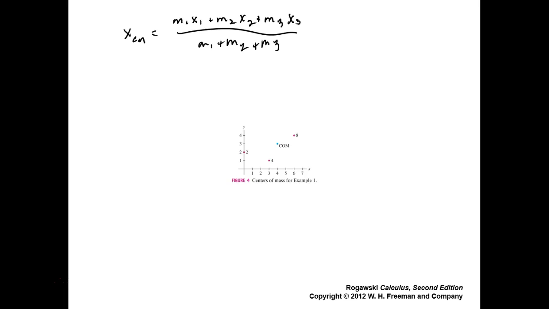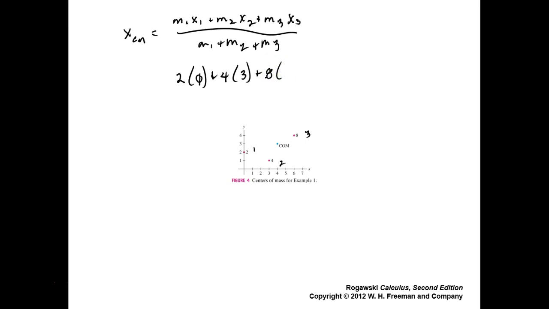Okay? Well, what's your X1? This is 0.1, this is 0.2, and this is 0.3. M1 is 2. What's your X1? 0. Exactly. Plus 4. What's your X2? 3. Right? Plus M3 is 8.